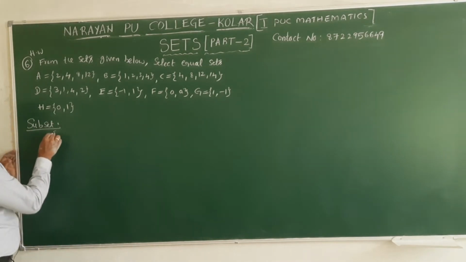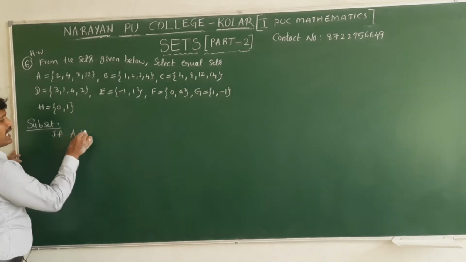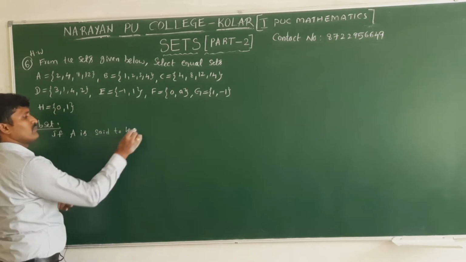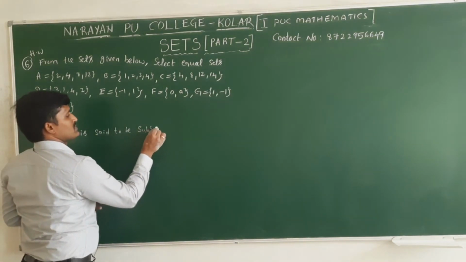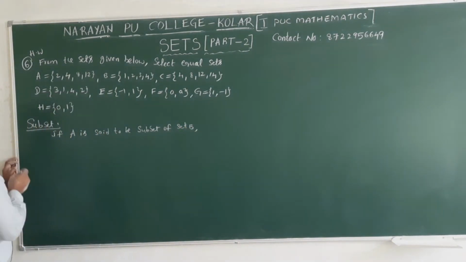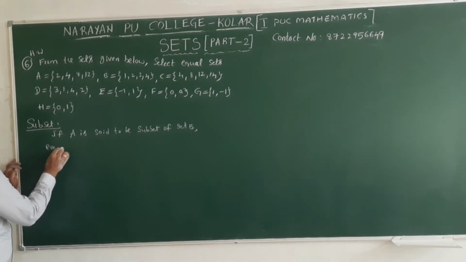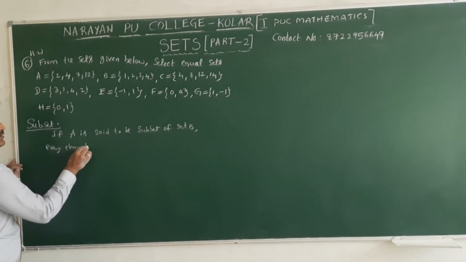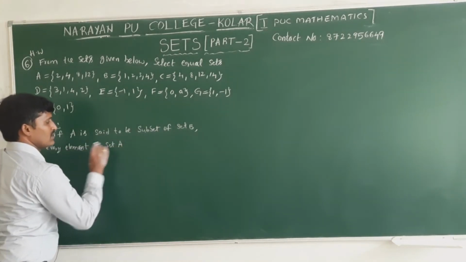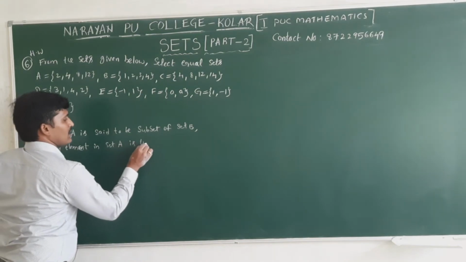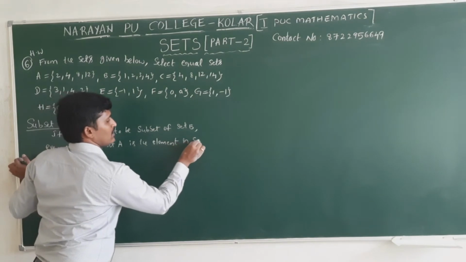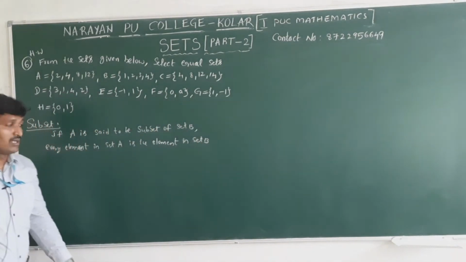For example, A is said to be a subset of set B if every element in set A is an element in set B. I'll repeat again.